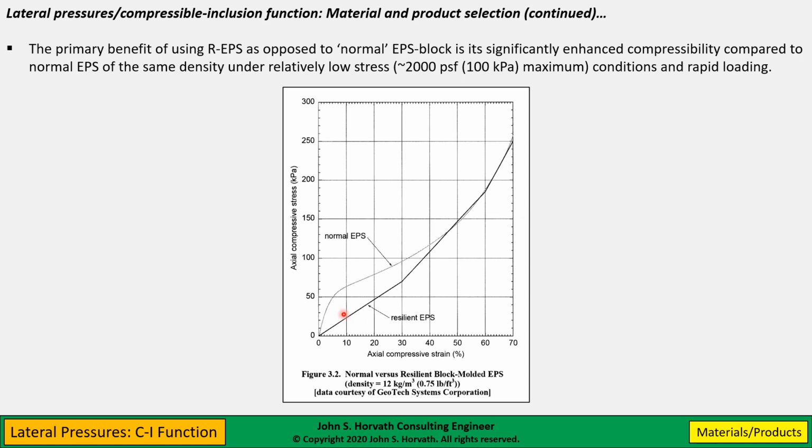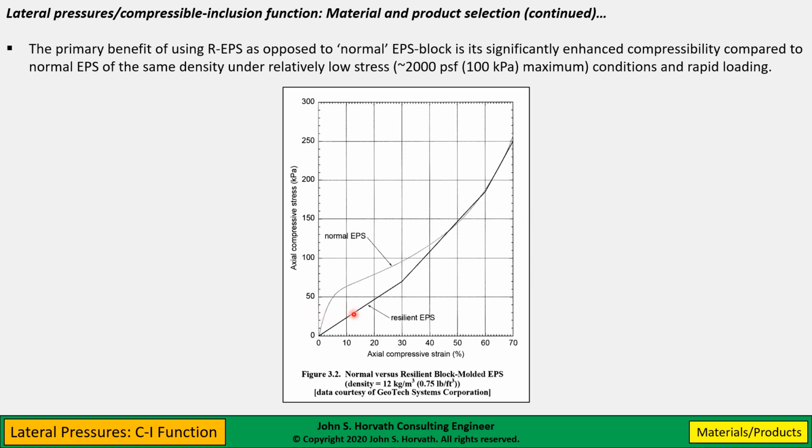Right? If you're looking for a certain target strain, let's say you were looking for 10% strain in a given application, well, notice that you would have to use a piece of normal EPS block that was about 5 times thicker than the resilient EPS to achieve the same amount of compression.